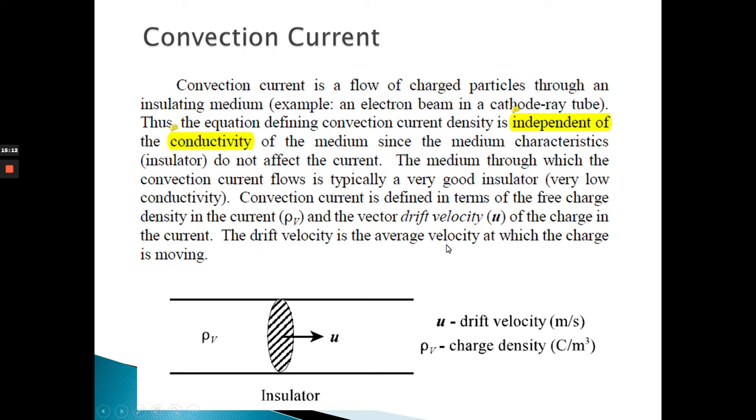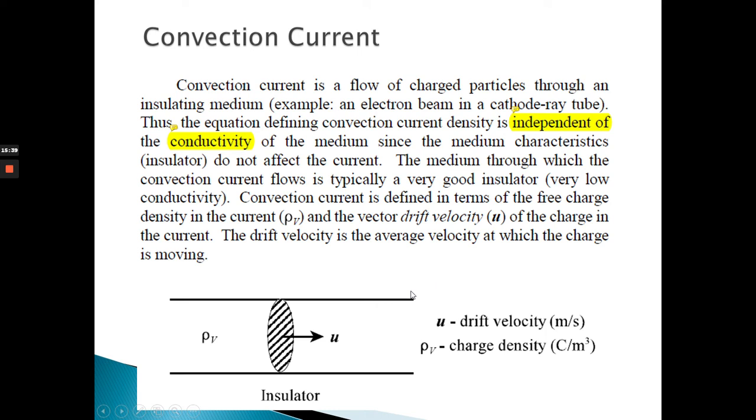When you charge particles in an insulating medium, they tend to produce a current which is defined by the drift velocity of that medium, which is very low actually. The velocity of those currents is very low.